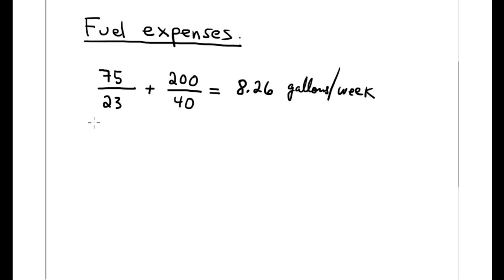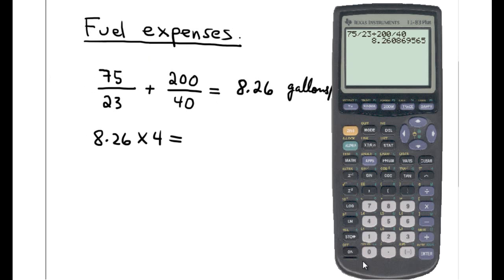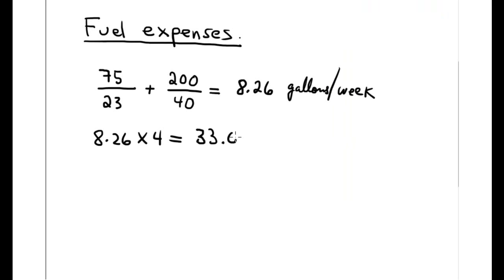In order to find the monthly amount, you multiply 8.26 times 4, which is 33.04 gallons per month.